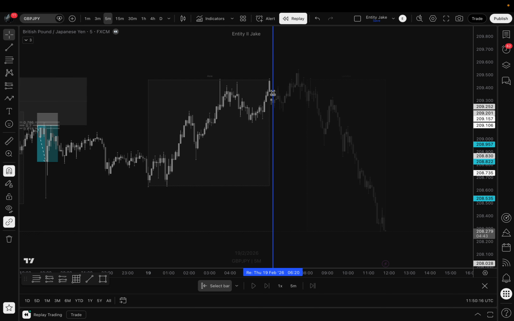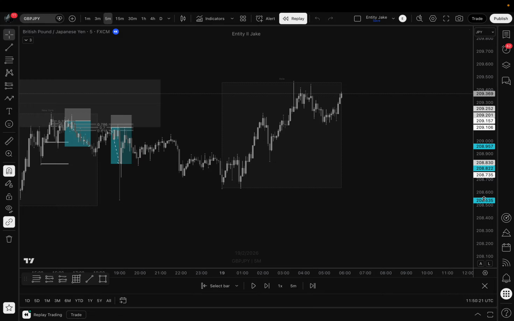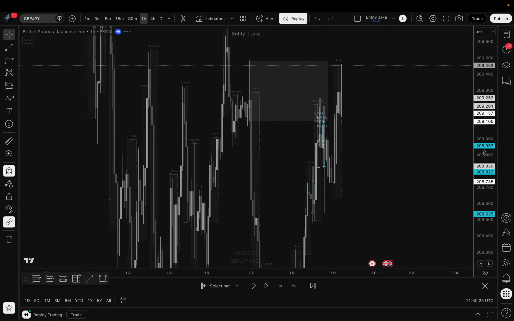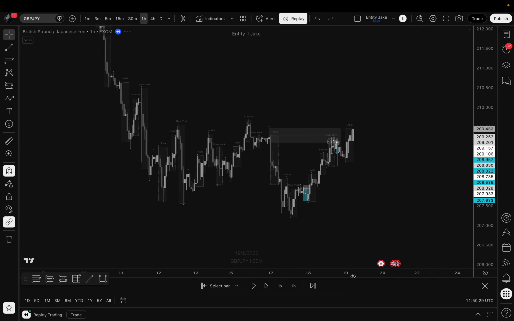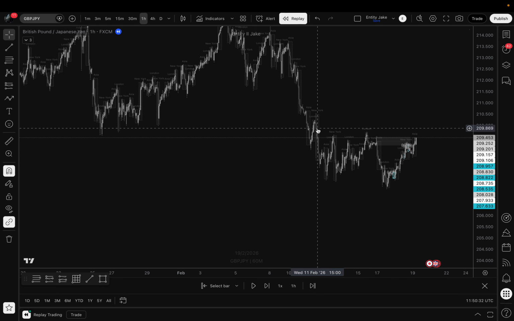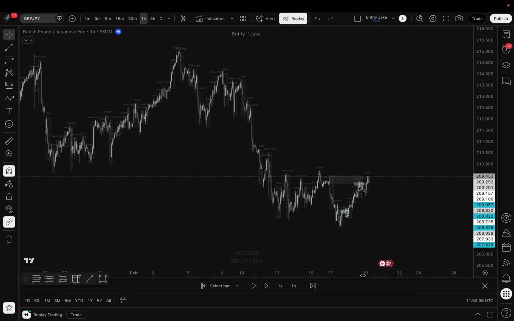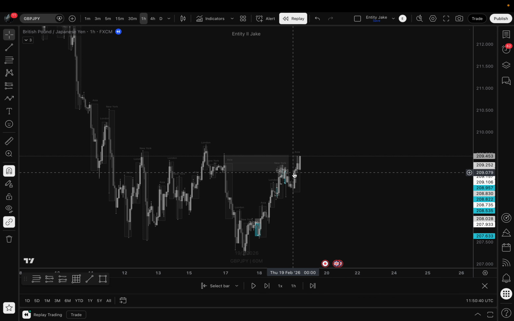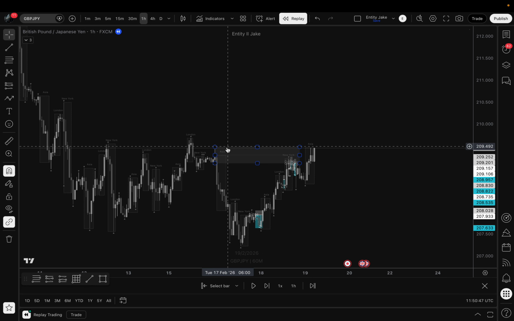So if I replay at the end of Asia session, we need to understand the bias first of all. If we come onto the 1 hour, we notice we've had a massive downtrend. So on the high time frame, we know we're bearish here. Now, ignore my analysis here. We're looking for a sweep or a POI we can trade off.